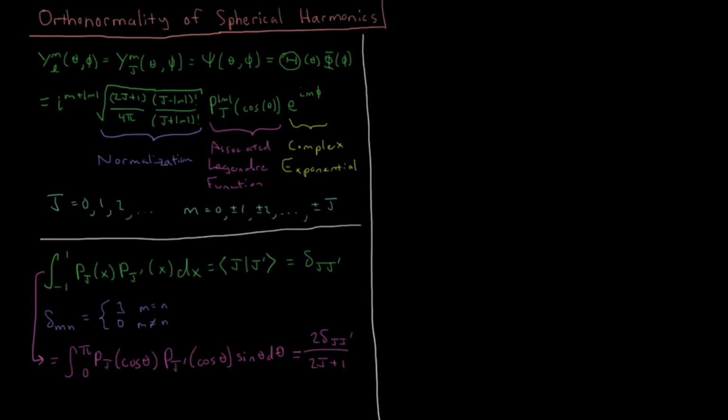So this implies to us that the set of these functions of theta, which depend on j and the absolute value of m, the set of all of those are orthonormal.